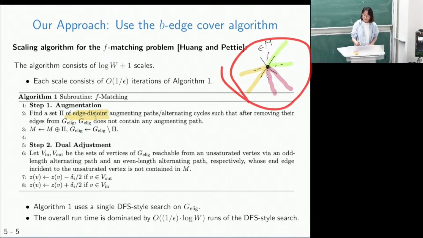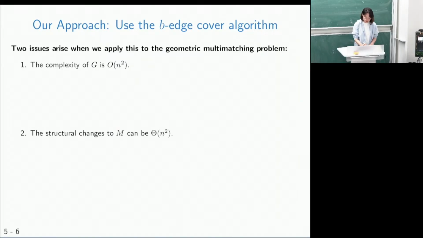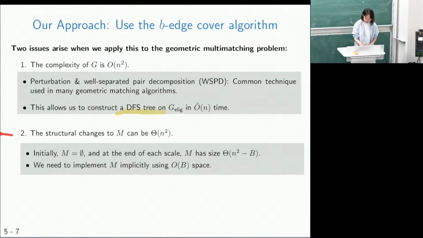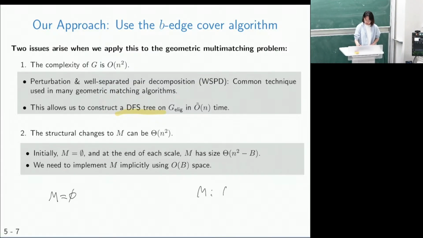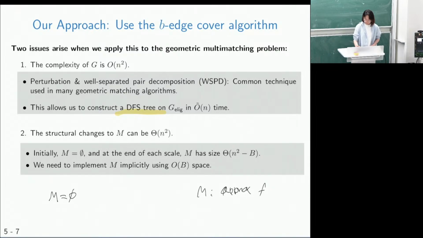This issue is closely related to the second issue I described here. The structural change to M can be quadratic. At the beginning of each scale, we start with the empty set. But at the end of each scale, M becomes an approximate F matching.